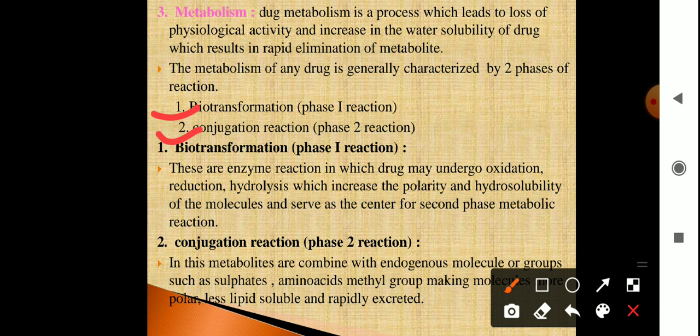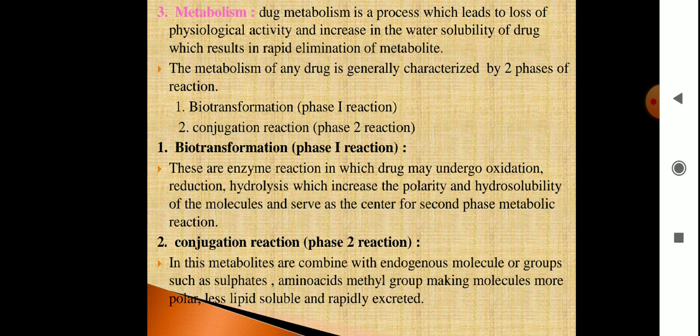So in biotransformation, the drug undergoes reactions such as oxidation, reduction, hydrolysis, etc., to make the drug more polar and hydrosoluble, or water soluble, and serve as the center for the second phase, that is the conjugation reaction.